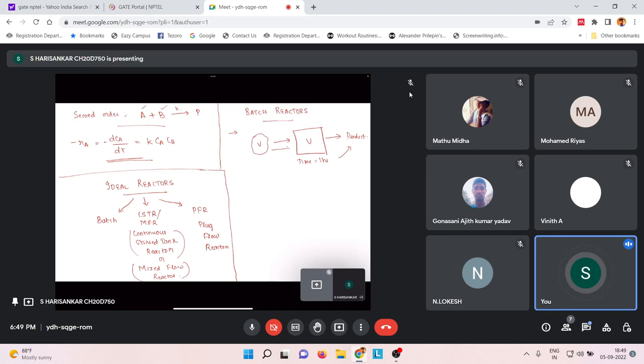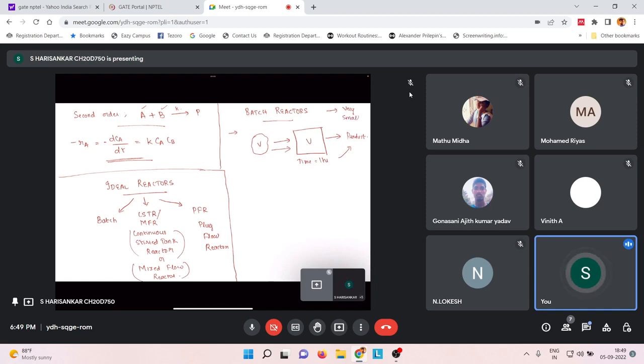Usually in industrial scale, batch operation is not preferred because it is less efficient. You put some amount of reactant and you have to wait for 1 hour to process the next set of reactants, and that is not economically feasible, and the production rate will be very small.